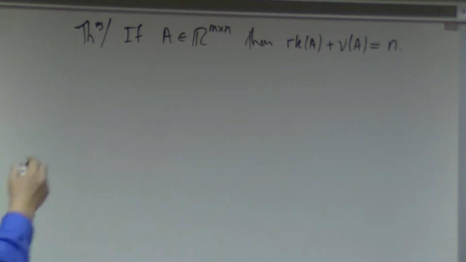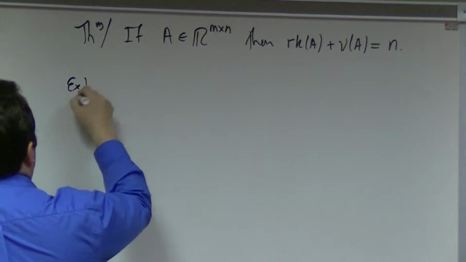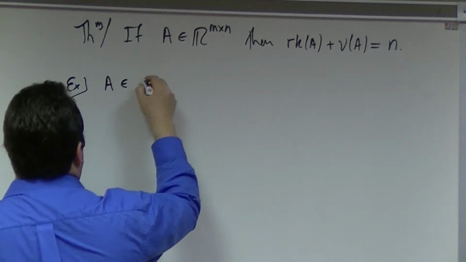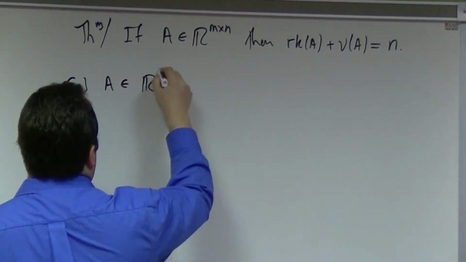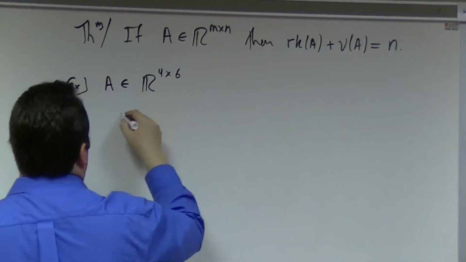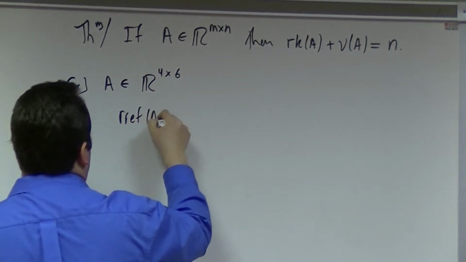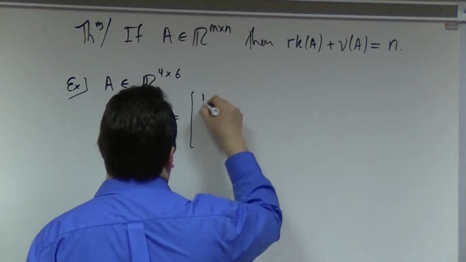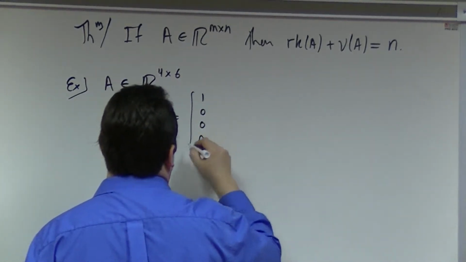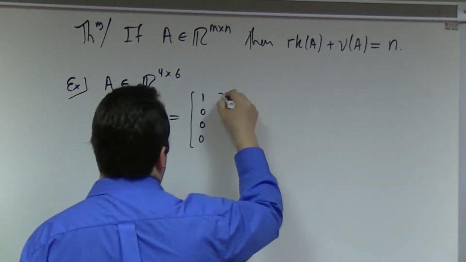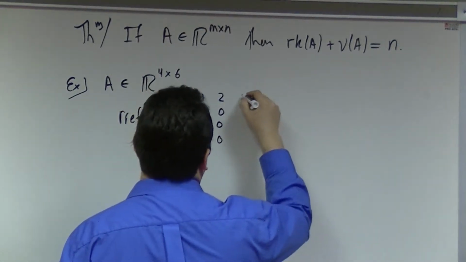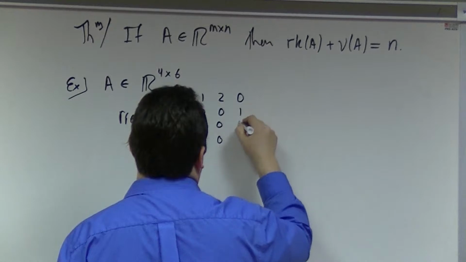So let me show you another example of this. I don't want to actually work out another row reduction because they're kind of a drag. But let's suppose that A is 4 by 6, and suppose the reduced row echelon form of A is the following. First column: 1, 0, 0, 0. Second column: 2, 0, 0, 0. Third column: 0, 1, 0, 0.